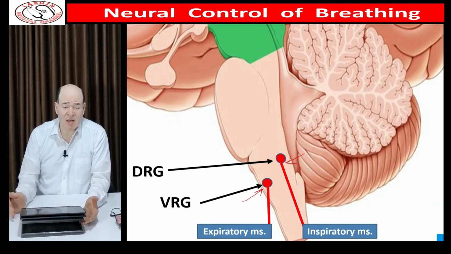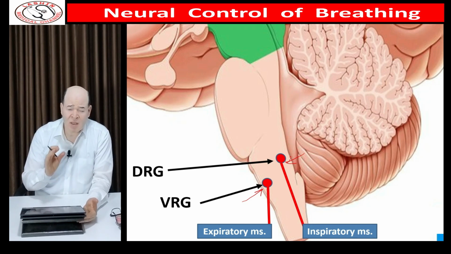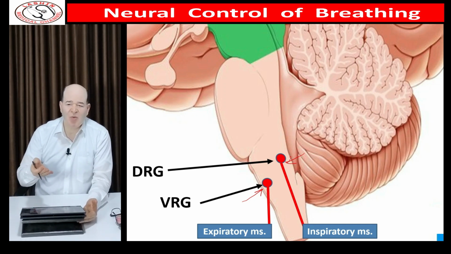The dorsal respiratory group is responsible for the normal rhythm of respiration, and it has the property of intrinsic periodic firing, so it can by itself initiate the process of respiration. However, if it works alone, the process of respiration will be slow and irregular. When it is regulated by the pontine centers, we get the normal, regular respiratory process.